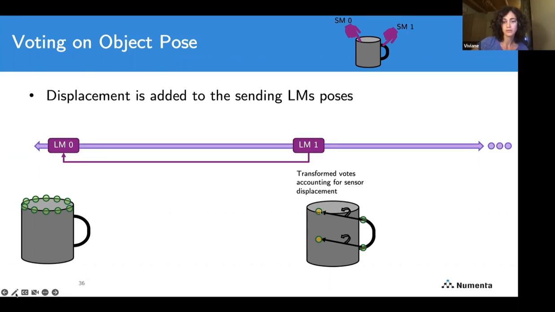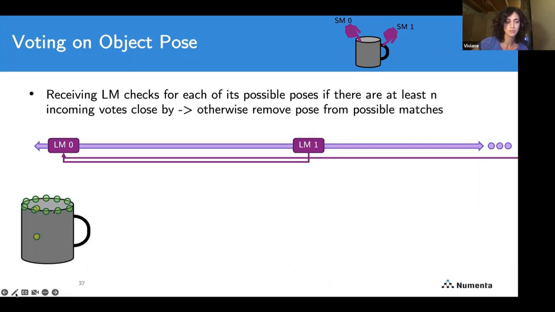So now these transformed votes, the yellow dots, are being sent to learning module 0 over here. And it might get more votes from different learning modules. The receiving learning module checks for each of its possible poses if there are at least n incoming votes close by. Otherwise, we remove the hypothesis from the possible matches.